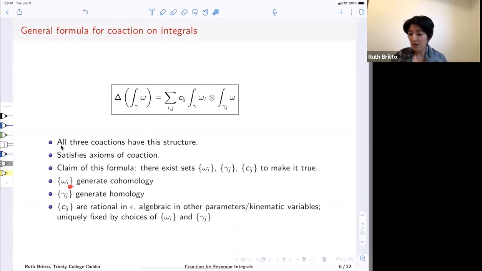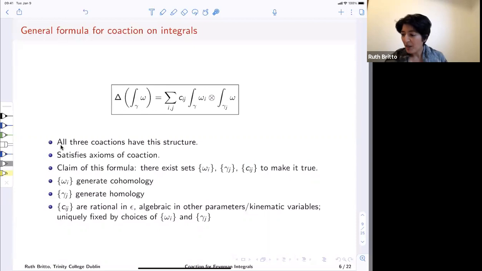So these omega I will be the generators of cohomology, the gamma j's will be the generators of homology. These, I should say, are rational in epsilon. They can be algebraic in the kinematic variables.